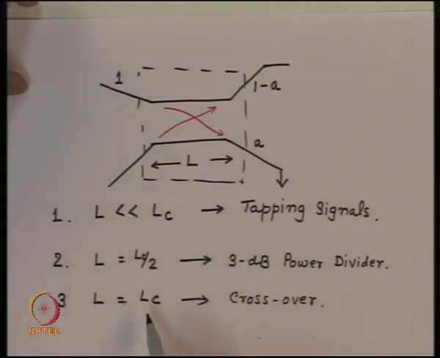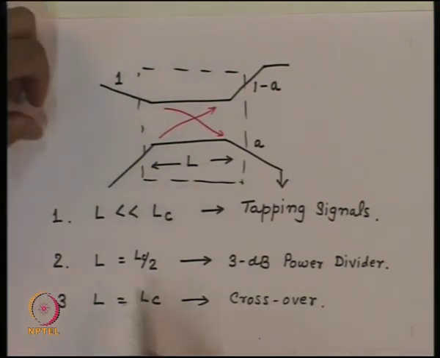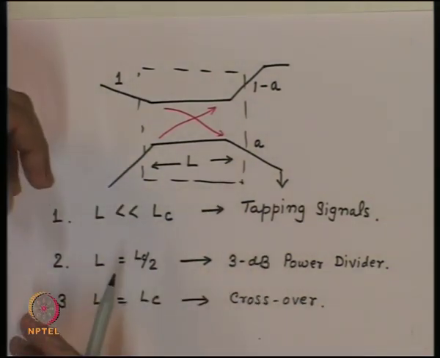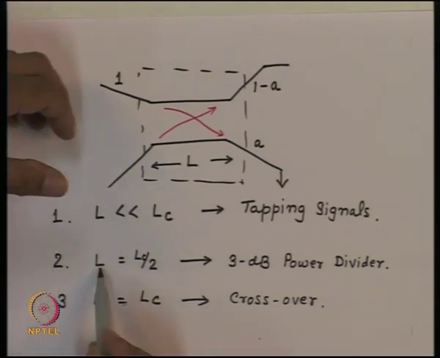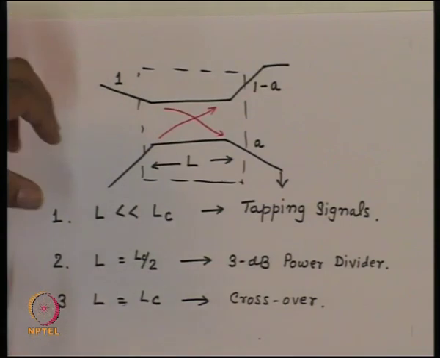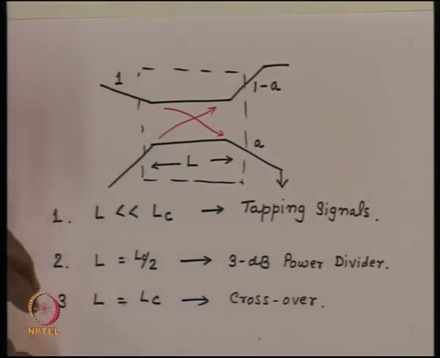So, I may have a situation when the field was not applied, this thing is there, but when the field is applied, suppose LC reduces significantly, so that L becomes equal to LC by 2. Now, the half power can be connected to this. So, essentially now by applying the electric field to this device, I can dynamically change the characteristics of the directional coupler.